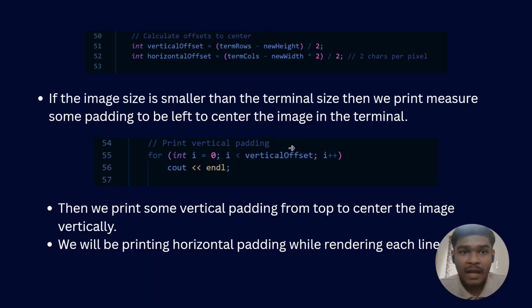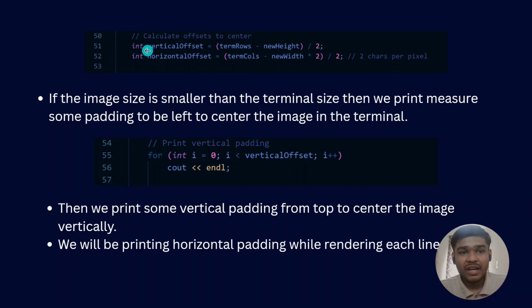Let's go ahead. Now what this next line does is it calculates offsets to center the image. If the image is smaller and the terminal is bigger, we need to leave some margin all around. So if the image is smaller than the terminal size, it prints some padding to center the image in the terminal.